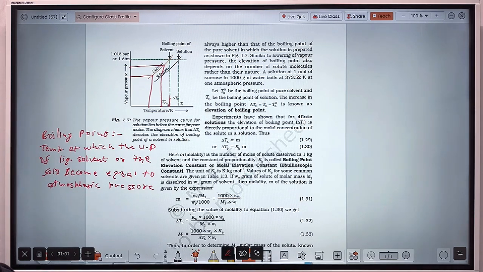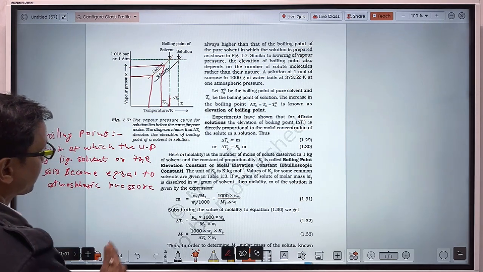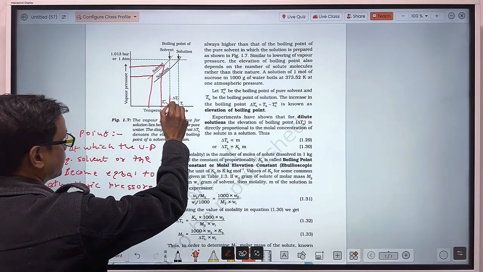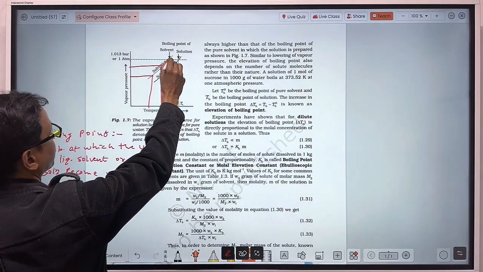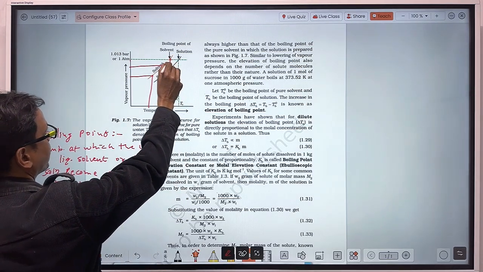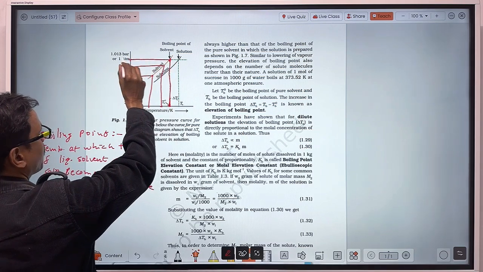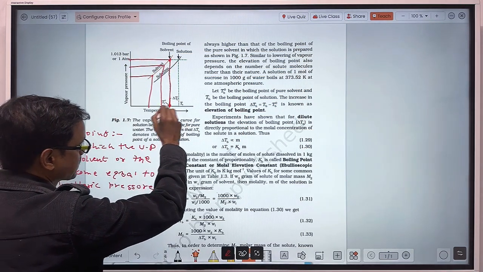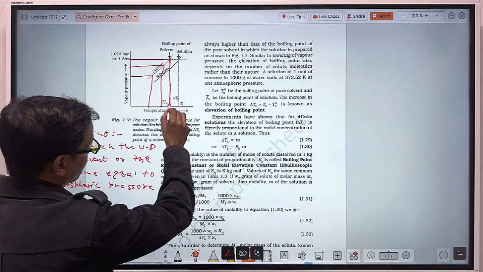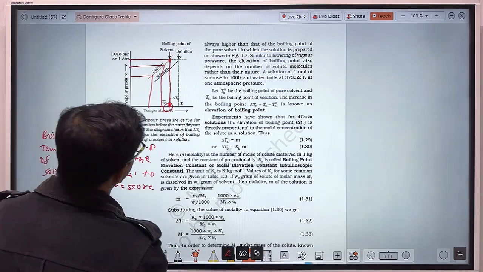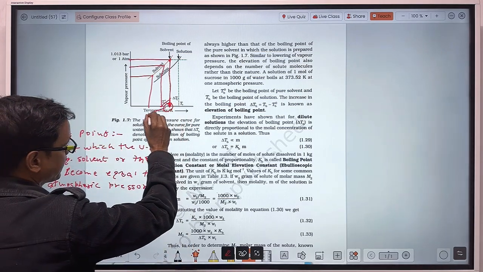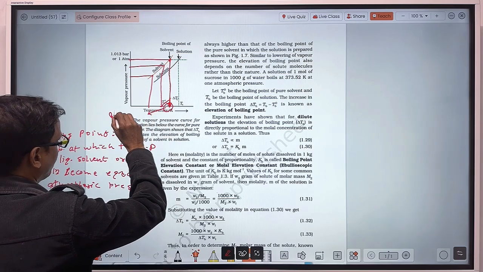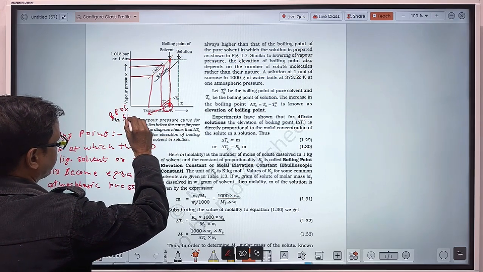At this temperature, the vapor pressure of the solvent became equal to 1 atm. So, this temperature is the boiling point of the solvent.